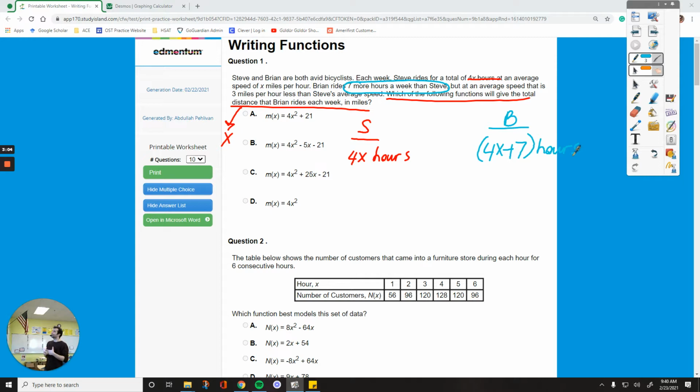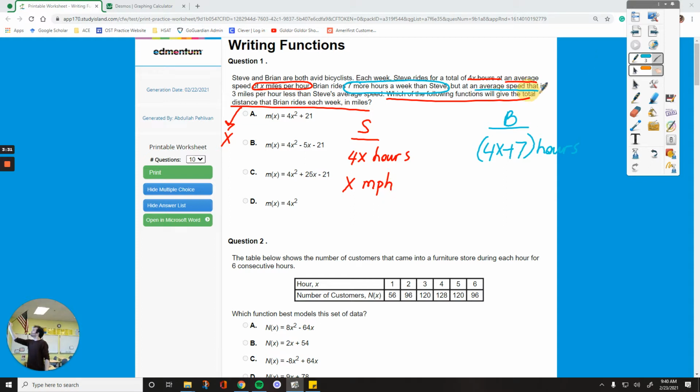Now let's continue. And then about Steve, I just realized that average speed for Steve is x miles per hour. So the speed of Steve is x miles per hour. Now let's see if we know anything about Brian's speed.